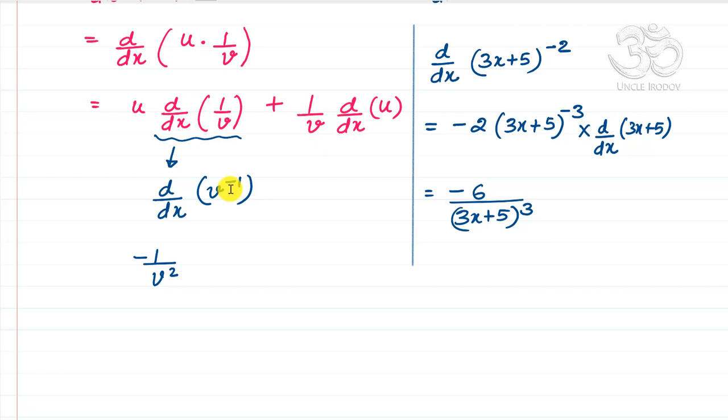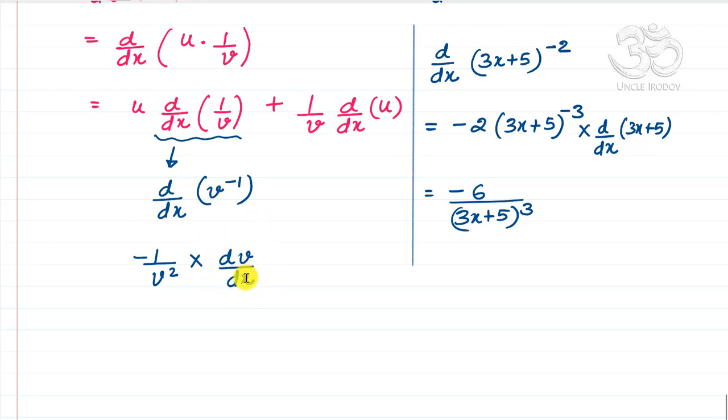But the process won't stop there, because this v will be some kind of a function of x. So what should we do next? Multiply here dv by dx, that's all. Right, so that is what we have to do, and we are at a loss.